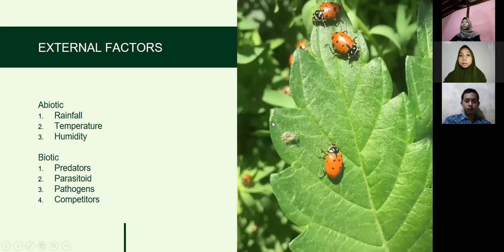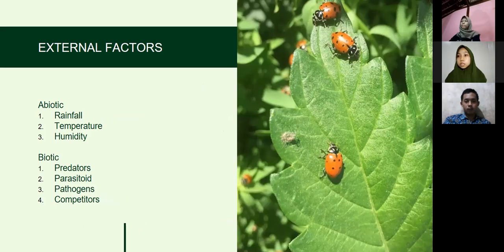External factor. The abiotic external factor, first, is rainfall. If the rainfall is excessive, it will be bad for the breeding and growth of pest organisms. Next, factor of temperature.